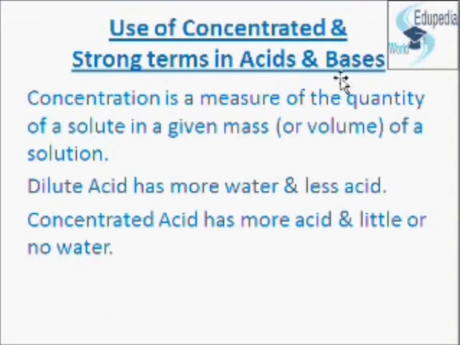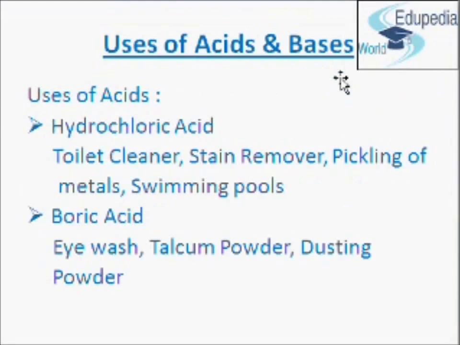Next we will discuss uses of acids. First we will discuss uses of acids. Hydrochloric acid. Hydrochloric acid is used as a toilet cleaner, pickling of metals, stain remover. It is also used in swimming pools, digestion of food and killing of bacteria in the stomach.